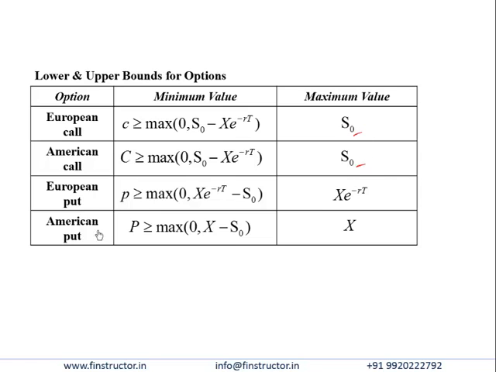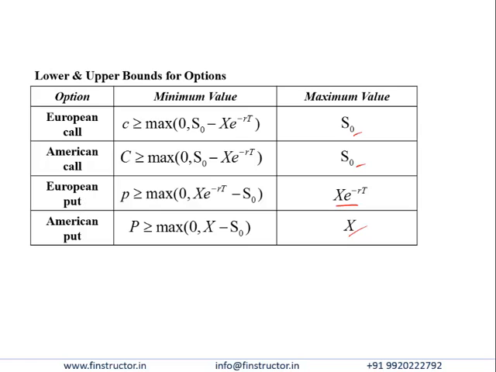The maximum value for a put option can be the strike price. For a European put option, additionally, this maximum profit of X can come when? Only at expiration. So the maximum value will be X e raised to power minus RT, that is the present value of this X.